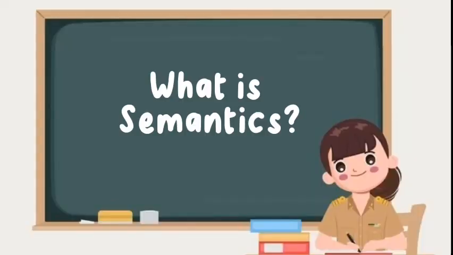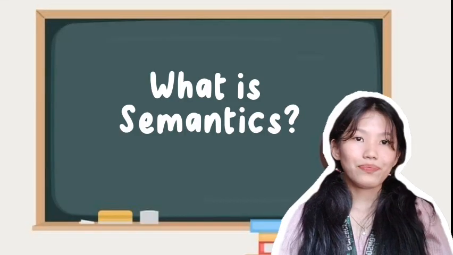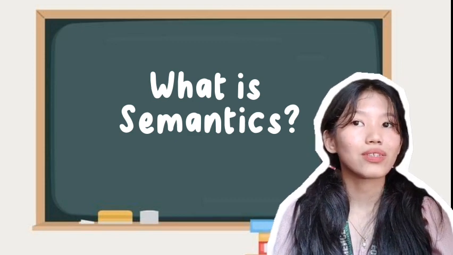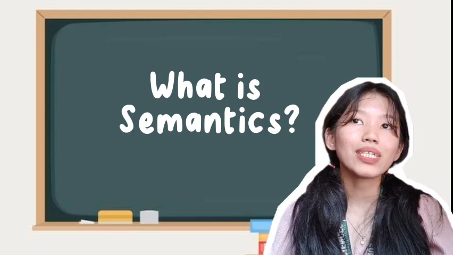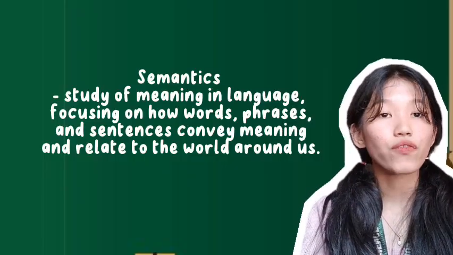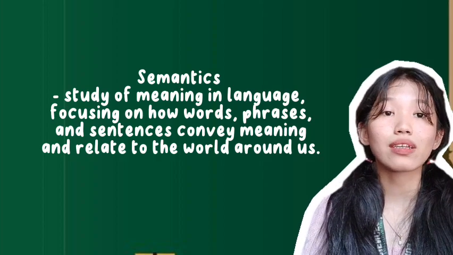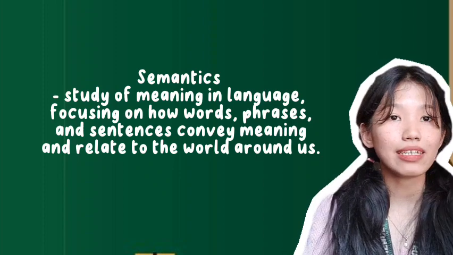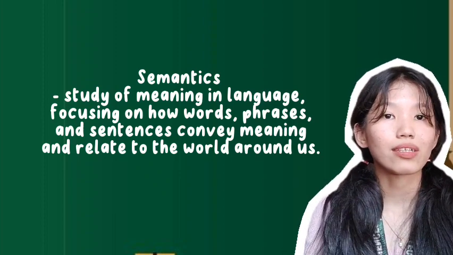Now, what is semantics? We already know what semantics are, right? Since it was tackled to us a few years ago. But let us first define what is semantics. Semantics is the study of meaning in language, focusing on how words, phrases, and sentences convey meaning and relate to the world around us.